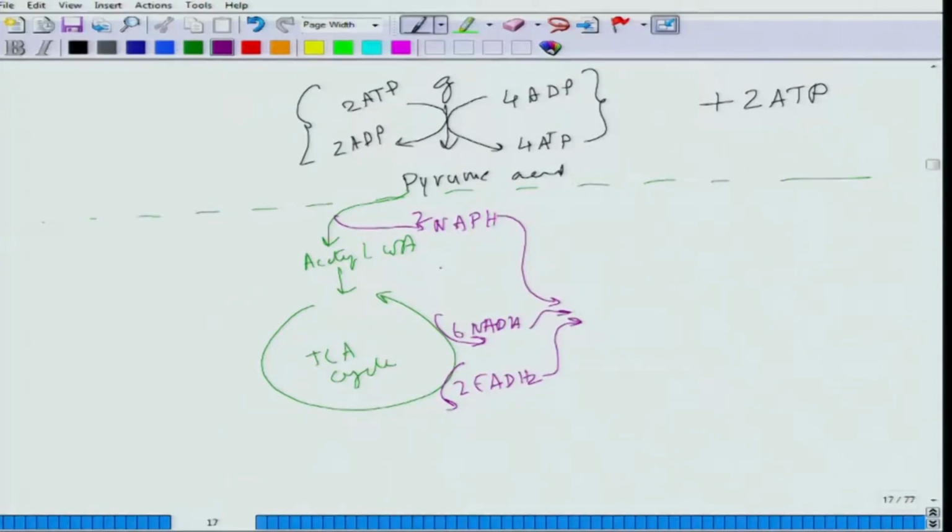And there is one more source by which it comes. During formation of glucose to pyruvic acid, there is another NADH, I will just show it to you in another color, which is formed and fed from here. These NADH molecules also become part of the electron transport chain.